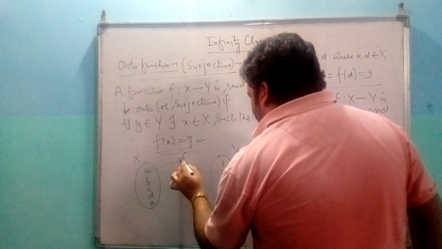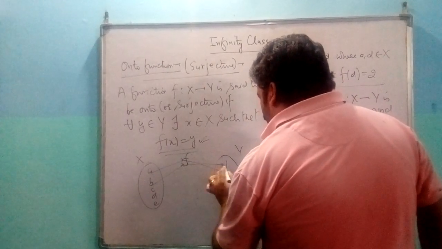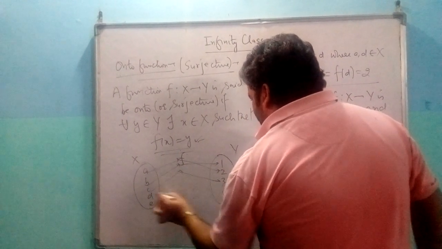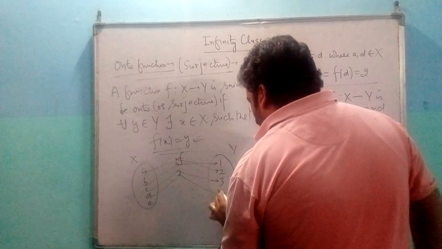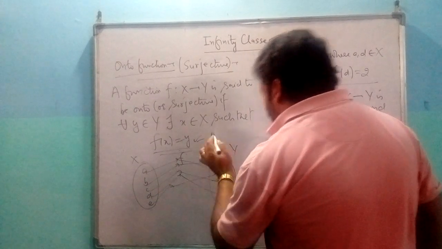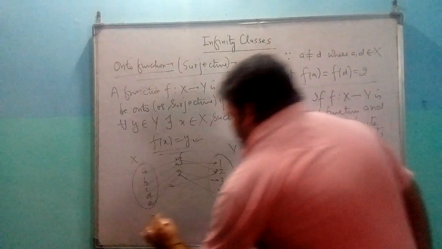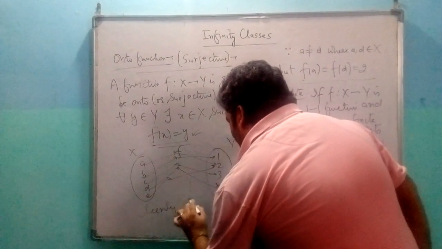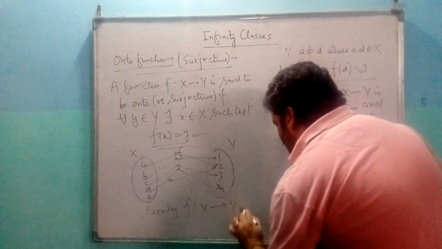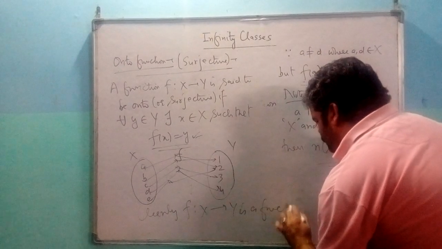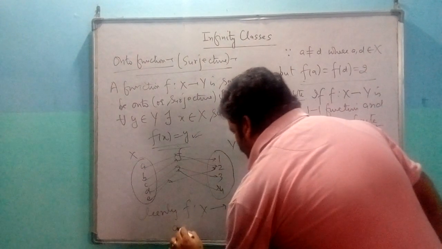For example, a goes to 2, b goes to 1, c goes to 3, d goes to 4, e goes to 2. Clearly here f from x to y is a function and it is onto.